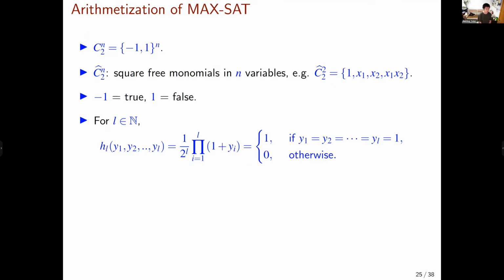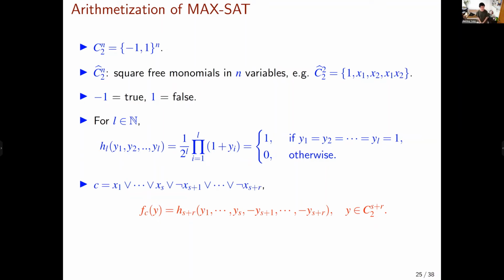For integer L, we define H_L to be the polynomial such that the value of H_L equals 1 if all of the inputs are 1, and equals 0 if there exists some input y_i equal to -1.